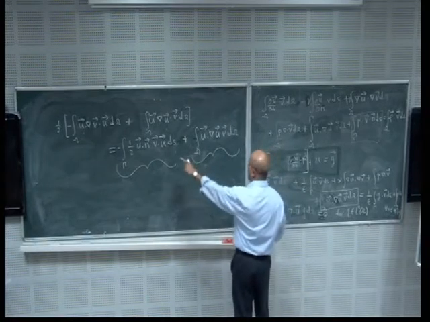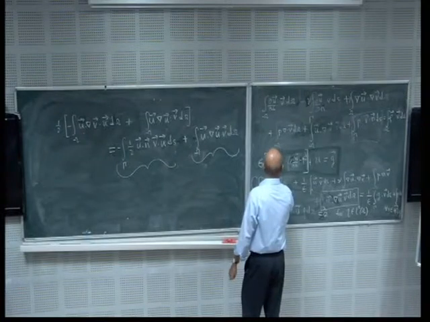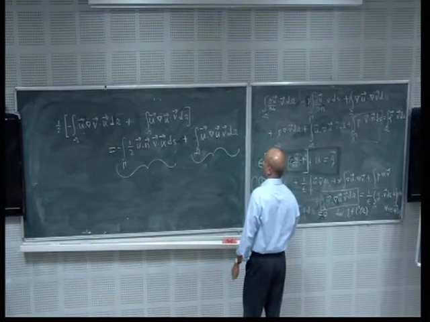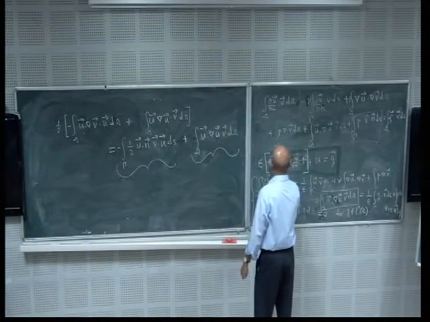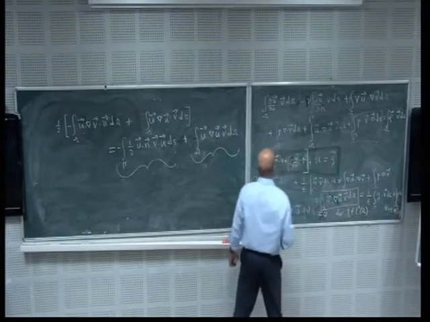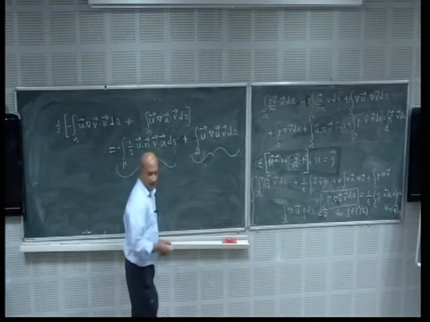I'm going to introduce that minus 1/2. So I'm going to put 1/2 u dot n, u dot n u. I add that term with the penalty.